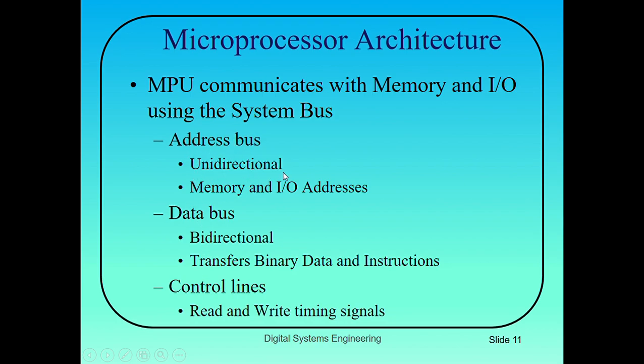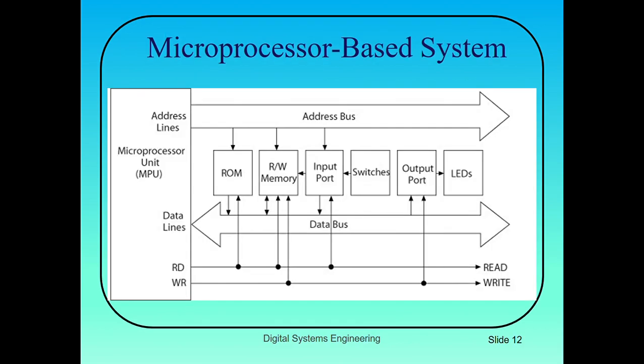The address bus is unidirectional, and it is used for communication with memory and different IO addresses. The data bus is bidirectional. It will transfer binary data and instructions. Control lines are basically used for read and write timing signals.